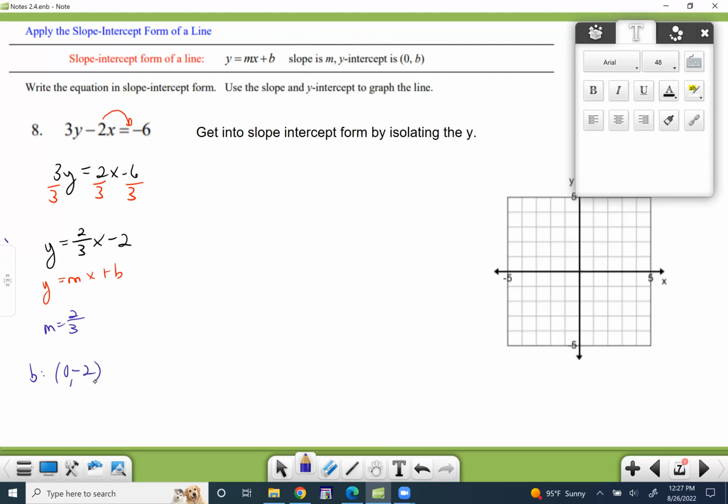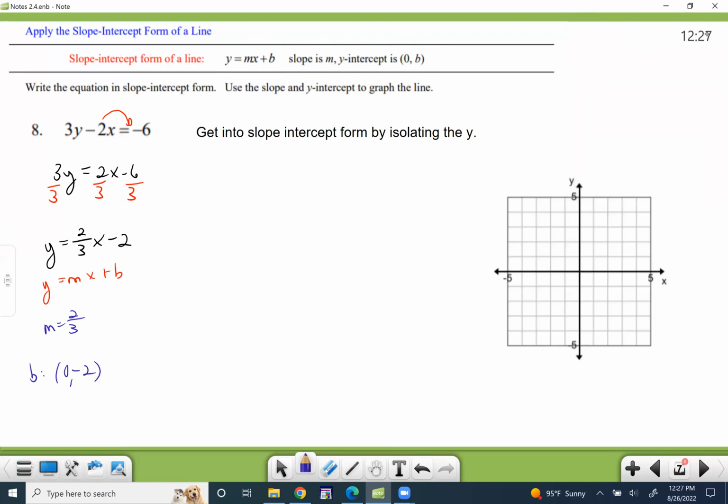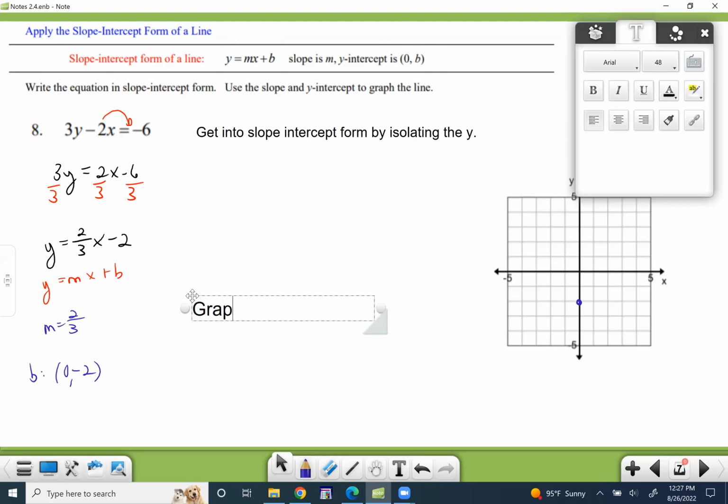So 0, -2. Okay. So 0, -2, the last number is our y-intercept. We always start with that. Okay, so you're going to do that first. Okay, so graph the y-intercept first, then do the slope. And make sure that you know it's a y-intercept.